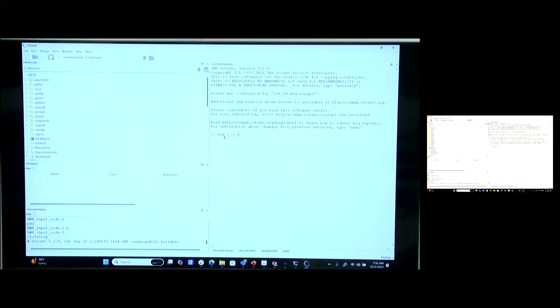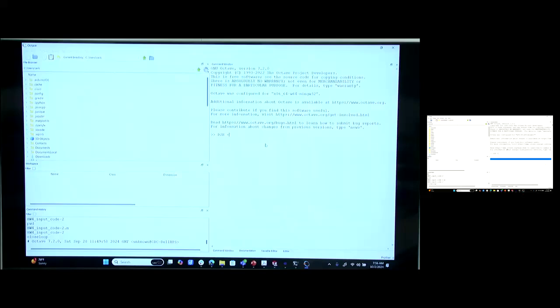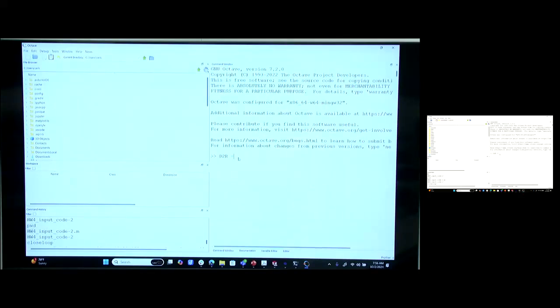No, it's giving me equal signs. So it's not quite totally Windows. Let me go back to preferences. Oh, here we go, font size. Let's try 18. Apply? Now I think that's bigger. Is that big enough? Okay.